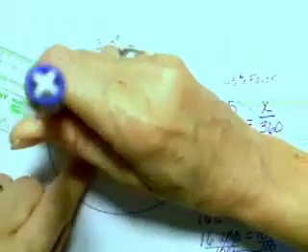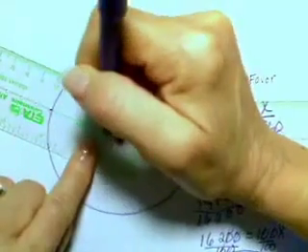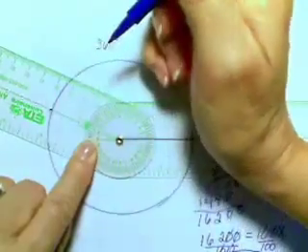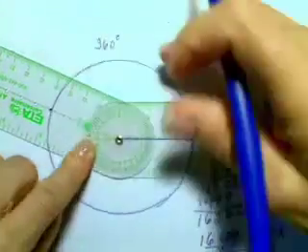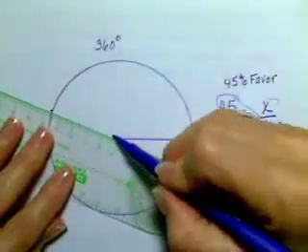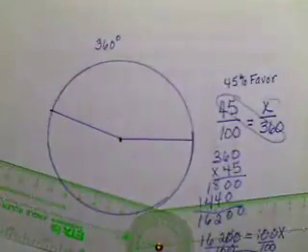Another purpose for the holes on the angle ruler is that once I get my 162 degrees, I can make a point in that hole, and now from the center I can make that new radius.